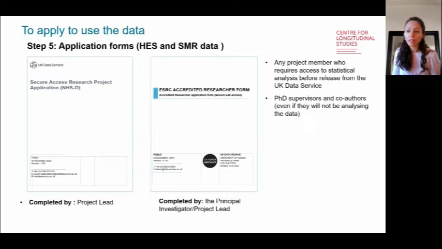So if you already have completed these steps, this will be already marked as complete for you, so you will not have to do it. And once you complete all the forms, you will send it to the UKDS via email, the email address which they will have provided to you.